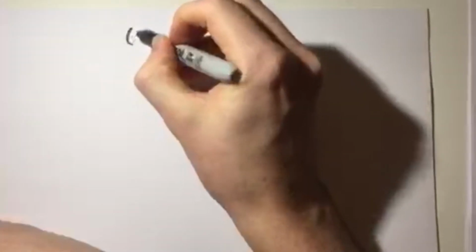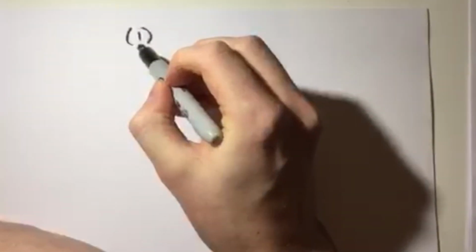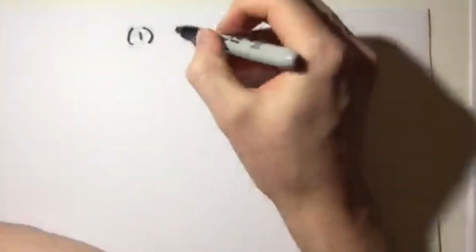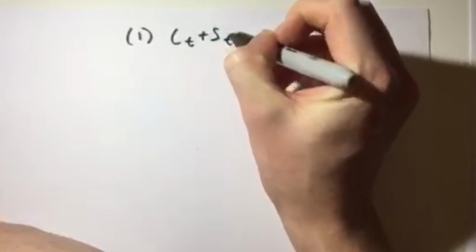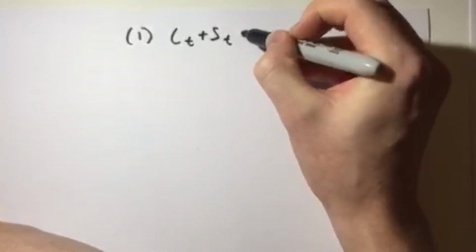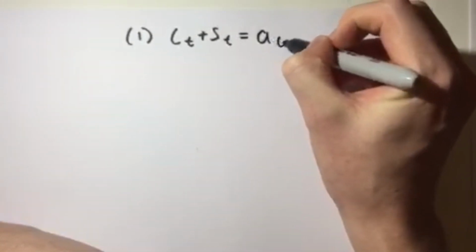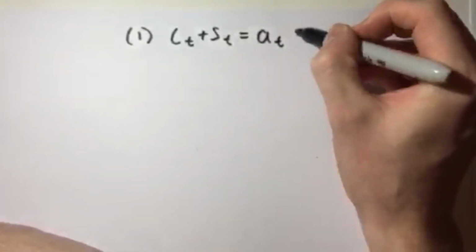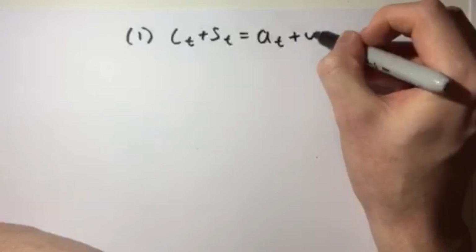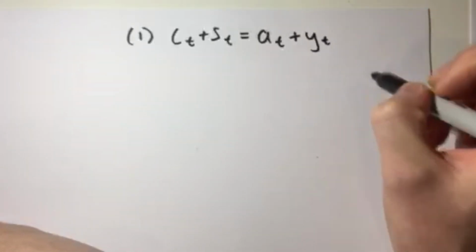The budget constraint is going to change over the 2 periods. In period 1, the budget constraint is going to be equal to this: CT plus ST, remember ST is savings, is equal to the assets that we're endowed with, that we're given in the first period, plus the income that we get in the first period.